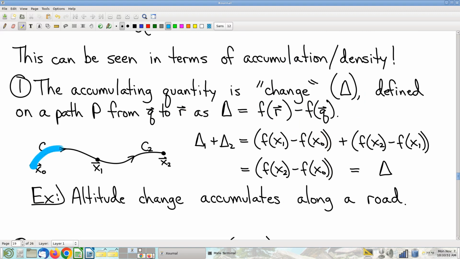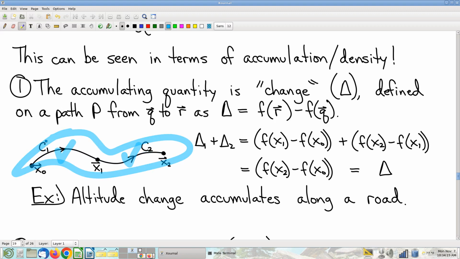If you have a curve and you ask how much f changed across this curve, and then if you compute the change across this little piece of curve, and separately the change across that piece of curve, would this change plus that change give me the change across the union of the pair of them together? Is the whole the sum of the parts for this quantity?